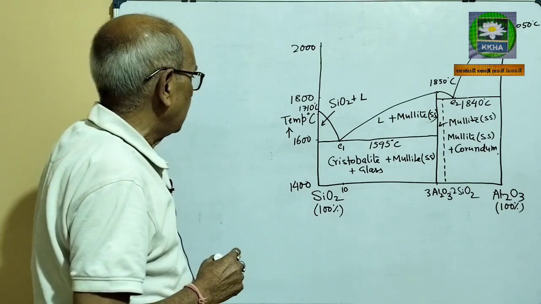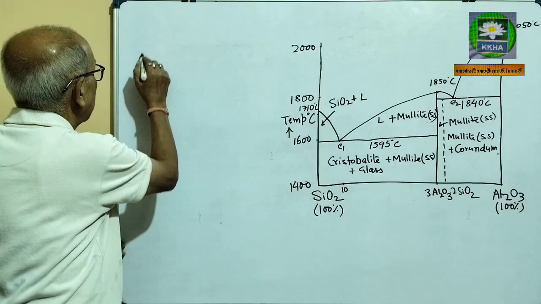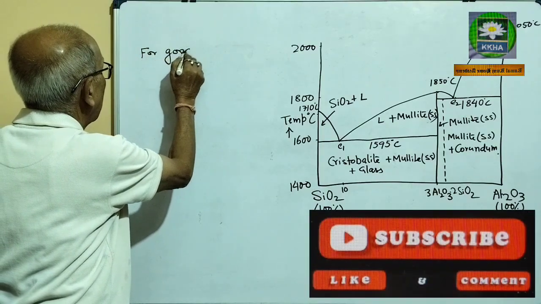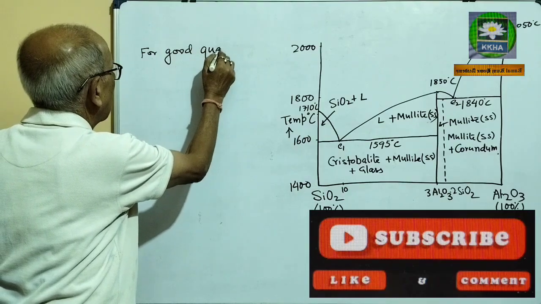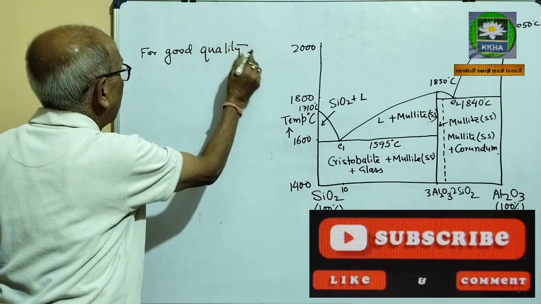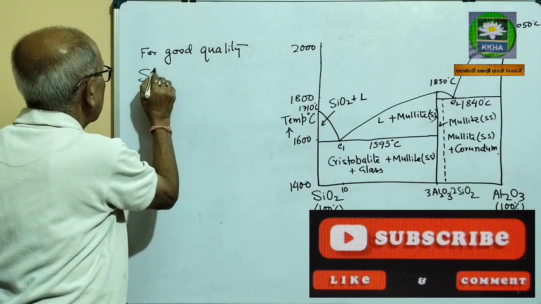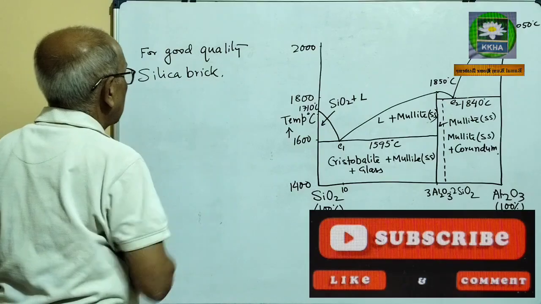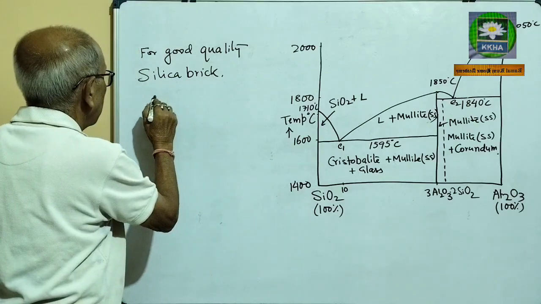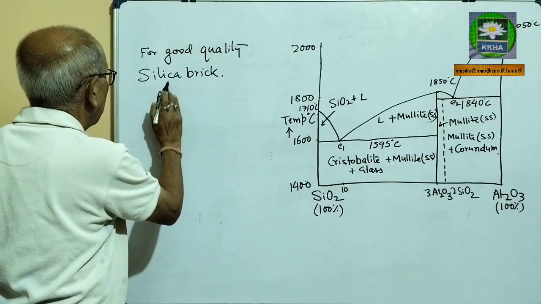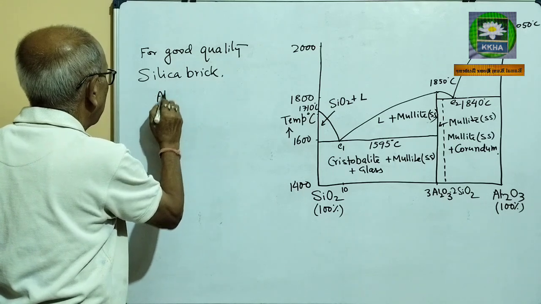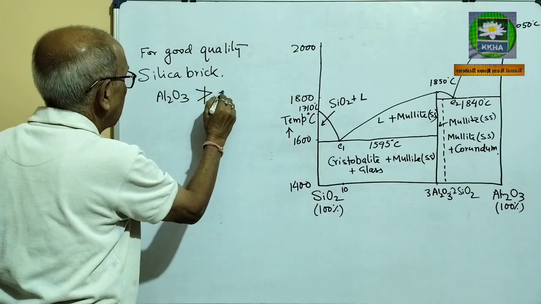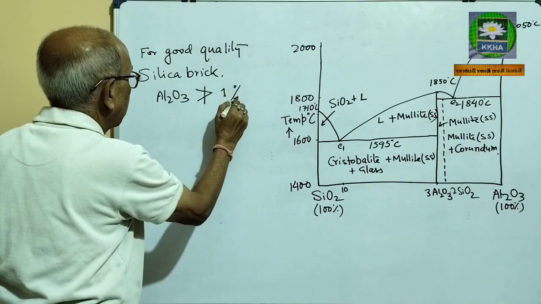For good quality silica bricks, alumina percentage Al2O3 should not be more than 1 weight%.